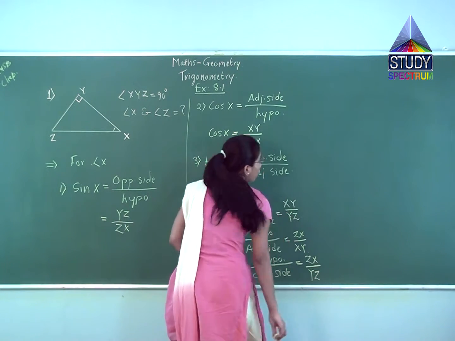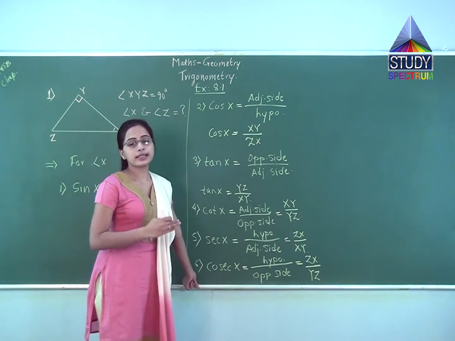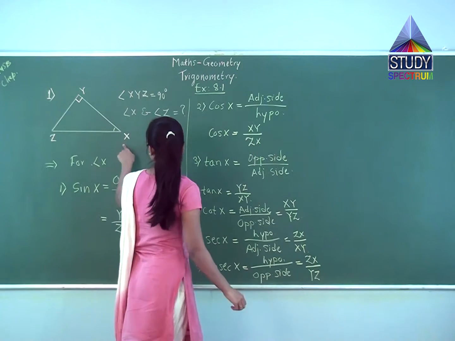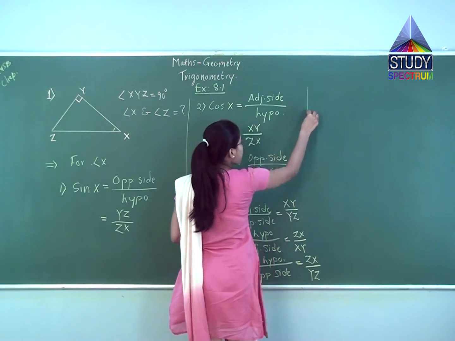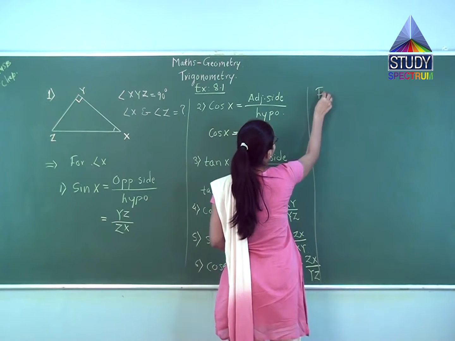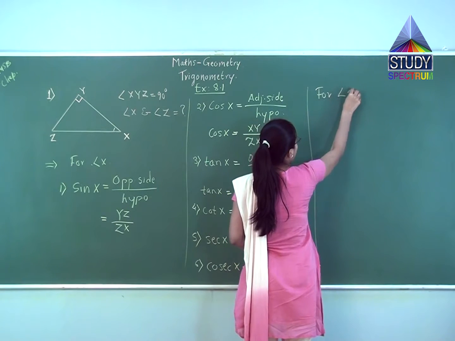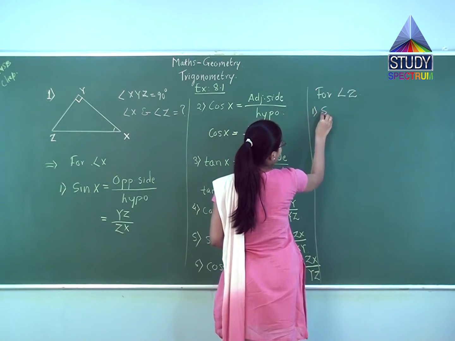So here we have completed all the 6 trigonometric ratios for angle X. Now we have to write for angle Z. So for angle Z, let us write one by one.